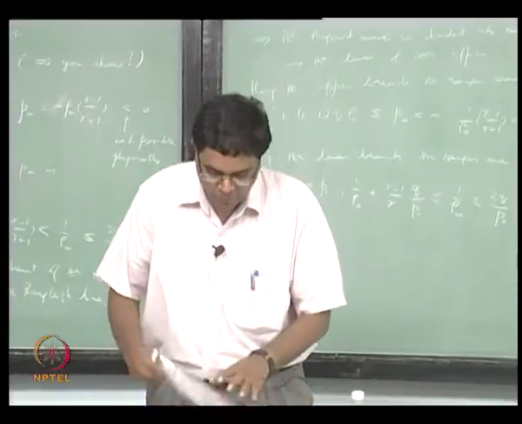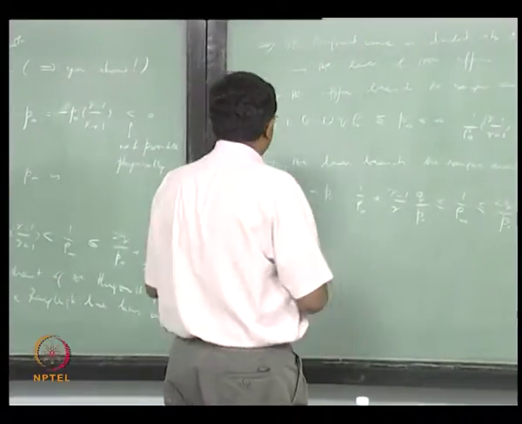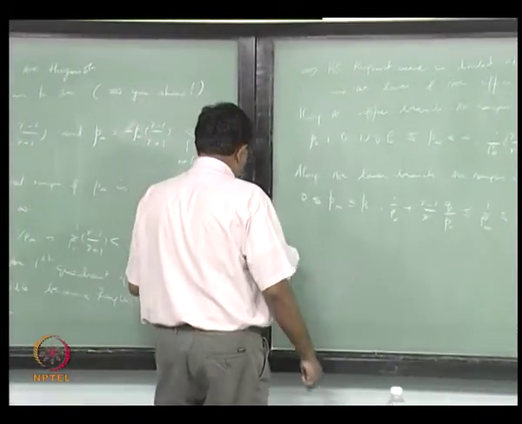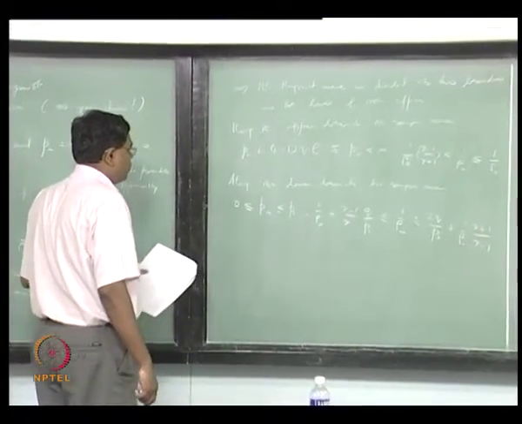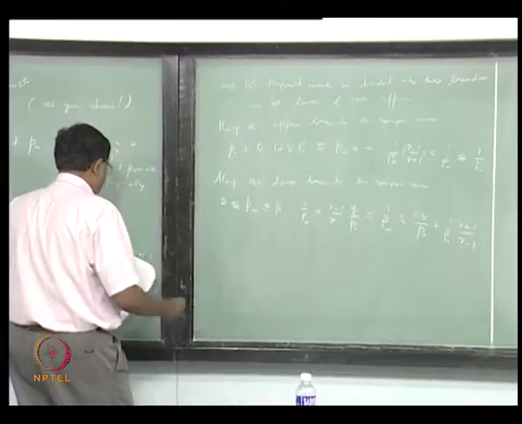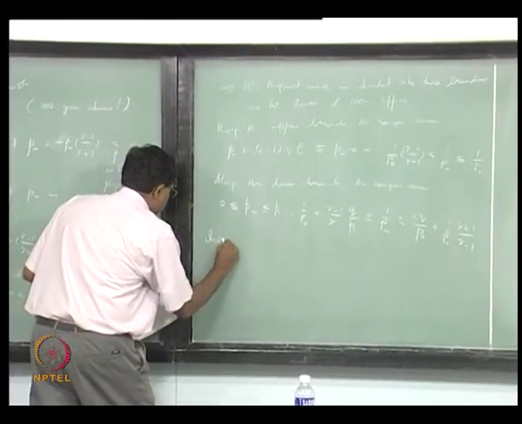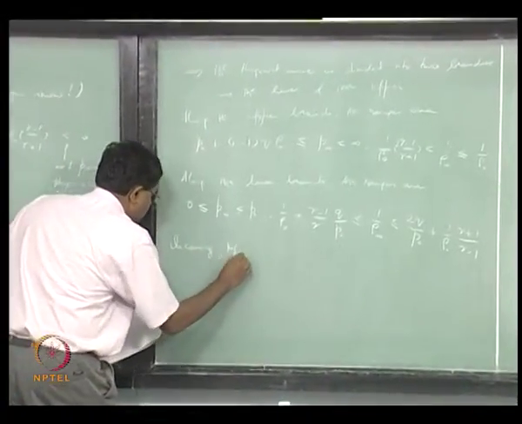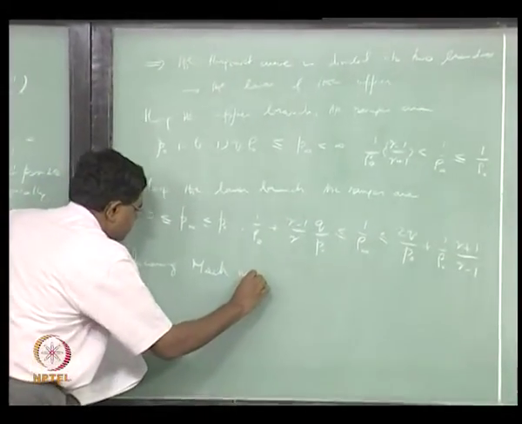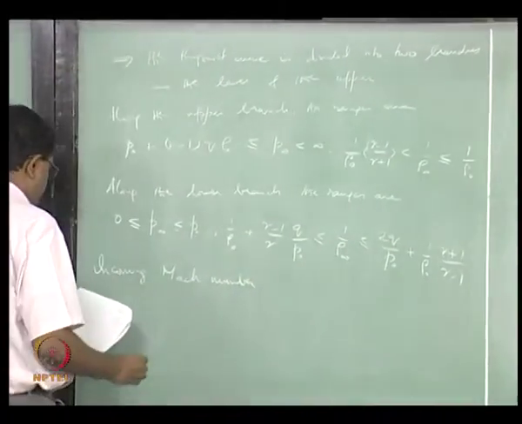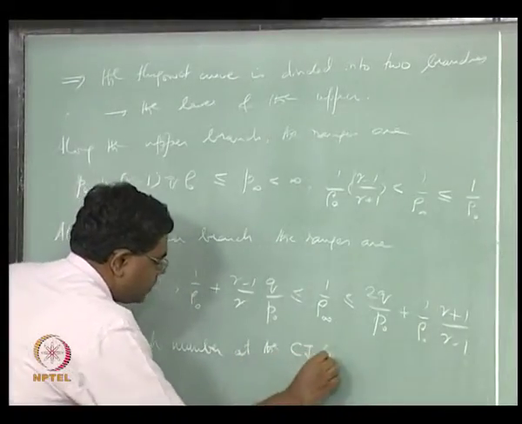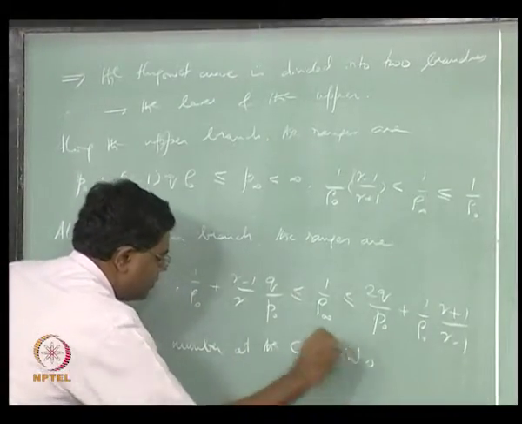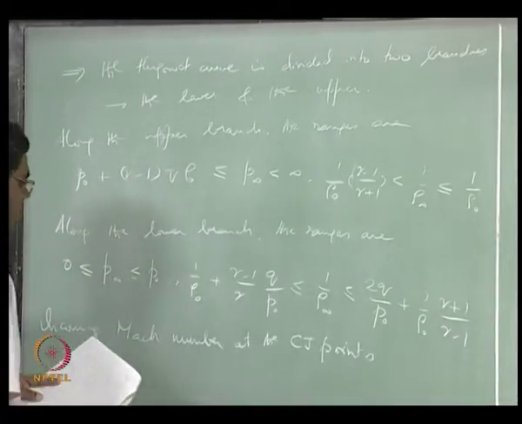These correspond to the Chapman-Jouguet detonation and deflagration waves. So what we want to look for is the incoming Mach number at the CJ points on both branches.